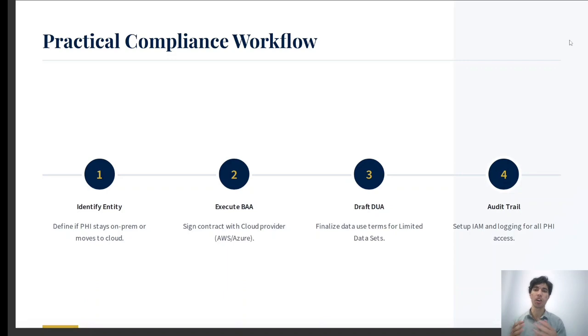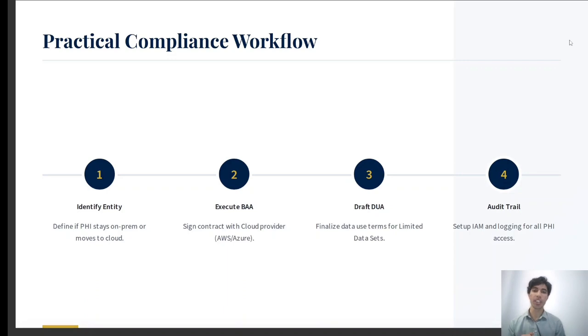So, to wrap up how the compliance workflow works, we first define whether the protected health information stays on premises in our hospital or moves to the cloud. It depends on the sensitivity of that information and whether we need to move it to the cloud or keep it on premises.